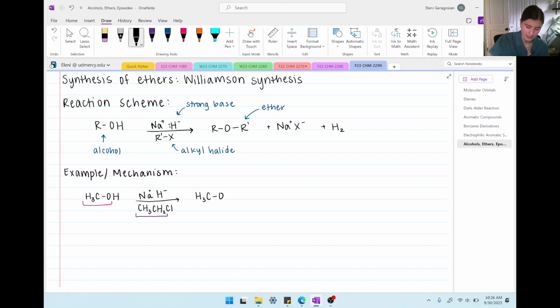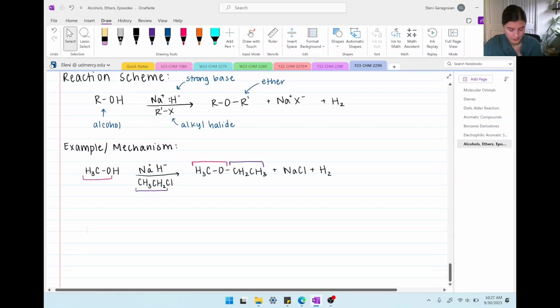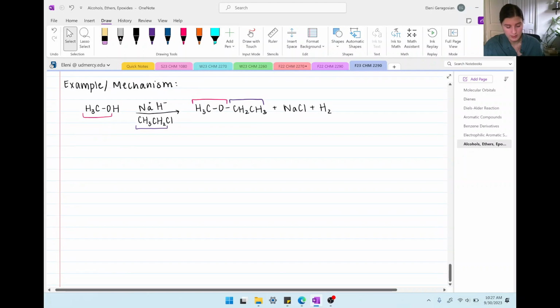So now we have our H3CO from the alcohol, and then the CH2CH3 from the alkyl halide. And this is our ether. Our byproducts are sodium chloride and hydrogen gas, dihydrogen. Okay, so that's the reagents and products that we would predict.